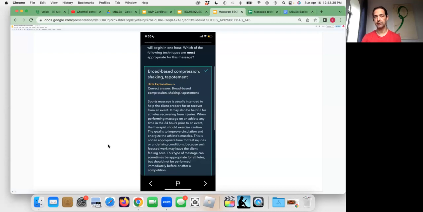So let's go through each one of these. Sports massage, everybody misses this one, by the way. Sports massage is usually intended to help the client prepare or recover from an event. It may also be helpful for athletes recovering from injuries. When performing massage on an athlete anytime in the 24 hours prior to an event, the therapist should exercise caution.